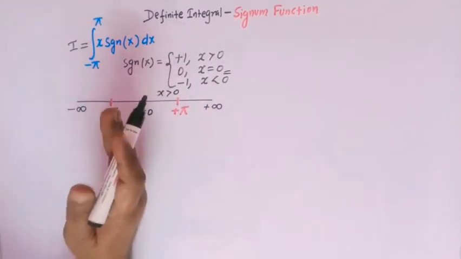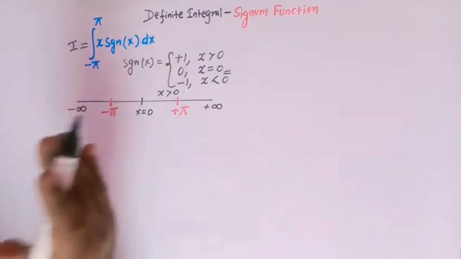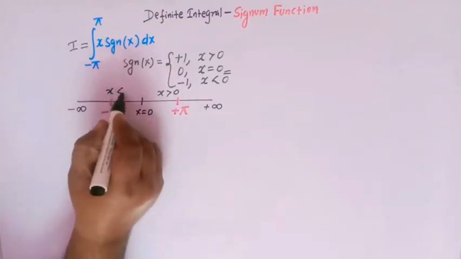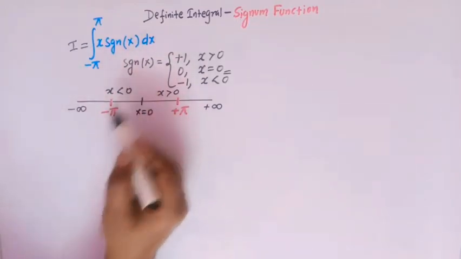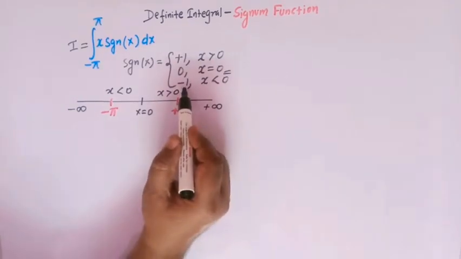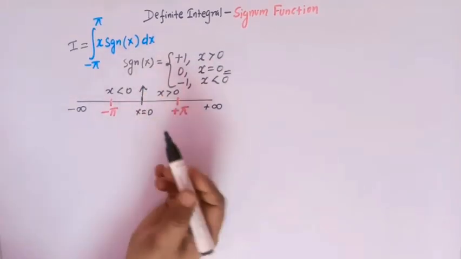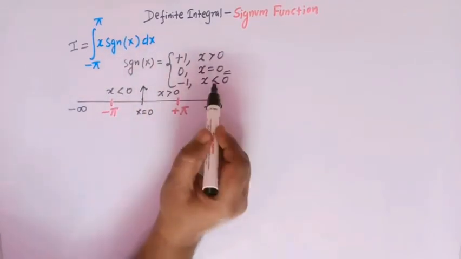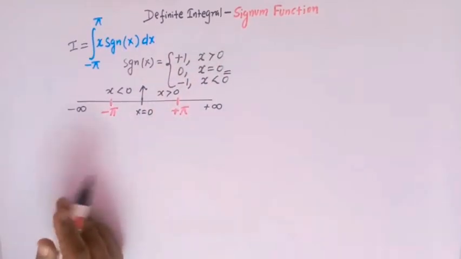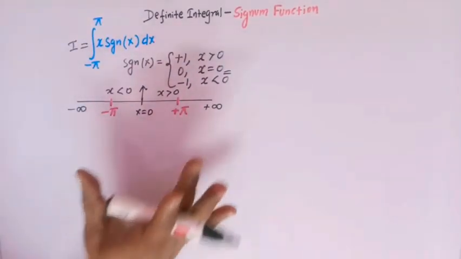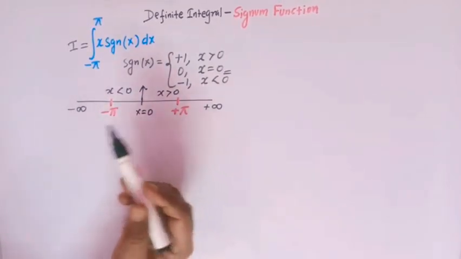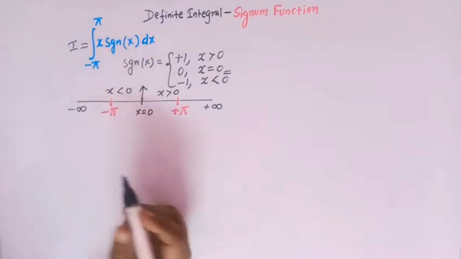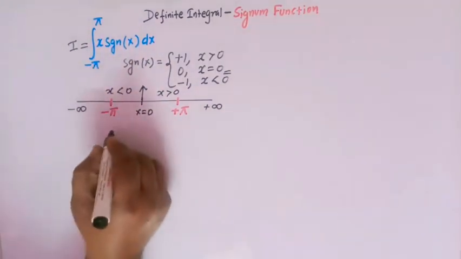And whenever we move towards the left of x equal to 0, where x is less than 0, signum of x takes the value minus 1, and at this point signum of x takes the value 0. So this picture is clear.